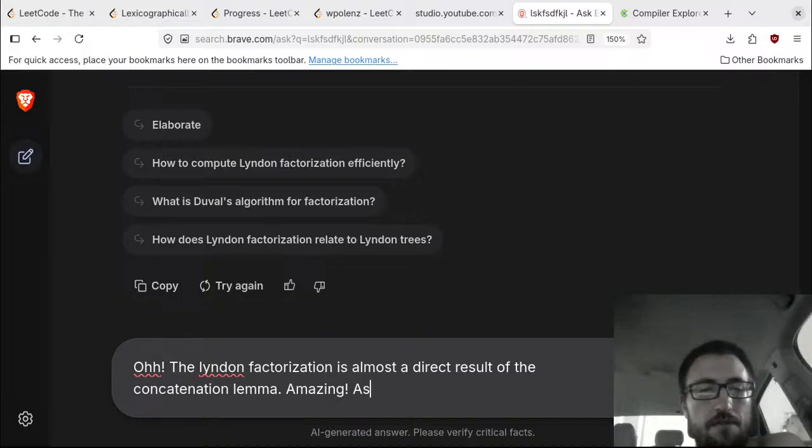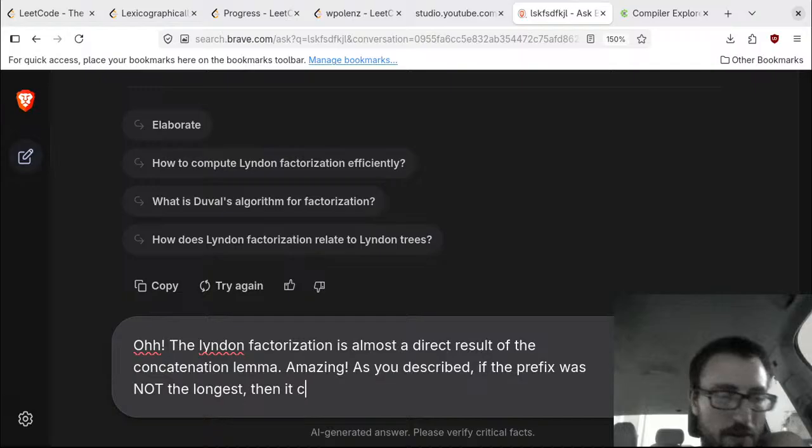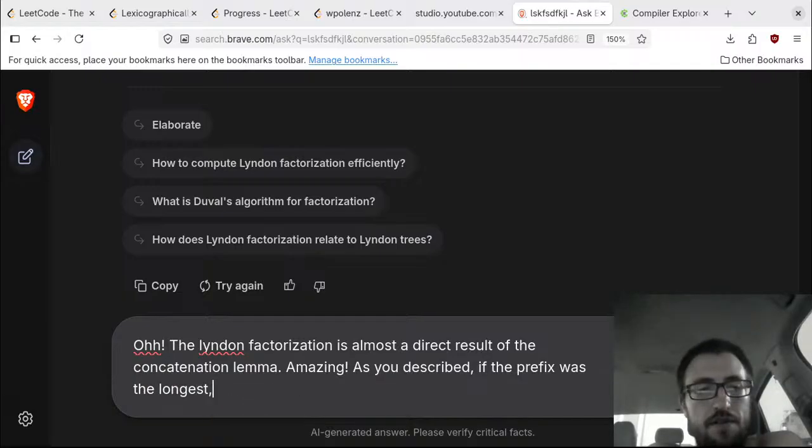As you described, if the prefix was not the longest, then it could be extended. If the prefix was the longest, then that implies the next word is necessarily lexicographically smaller.